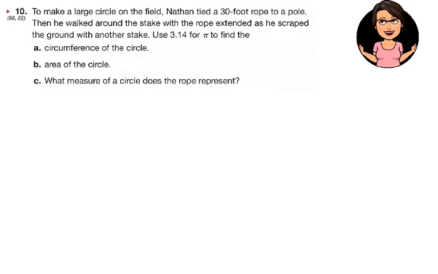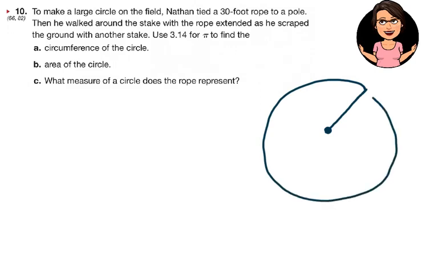So he put a pole in the ground, and then he grabbed the end of a rope, and then he walked around with that rope and made a big circle. Okay? And that rope was 30 feet.